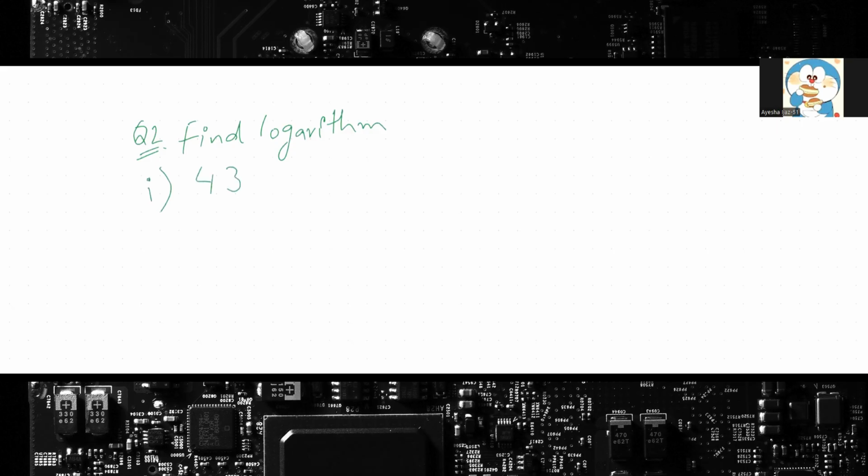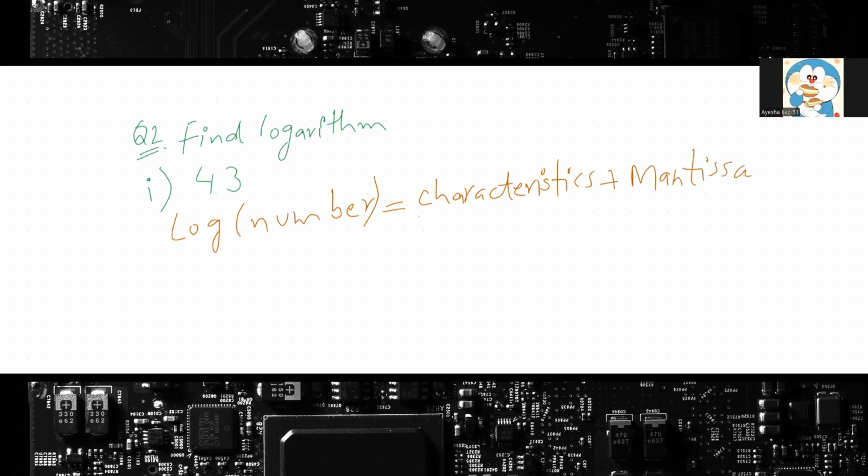And I told you, remember when I started the lecture, that the log of any number is basically the combination of characteristics plus mantissa, right? And now we'll find these two individually and add them, and we'll get the log of this given number.